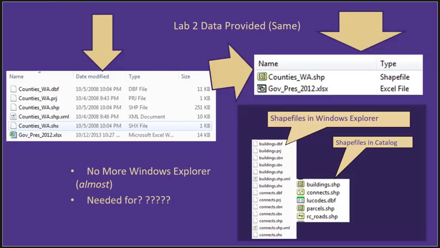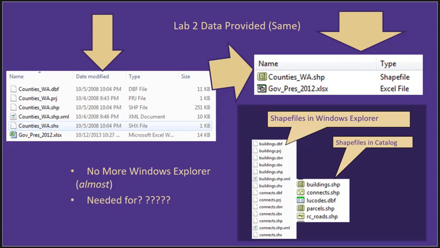A reminder about your lab data. It is highly recommended that due to how Windows displays data that you only use Windows for extracting. Use Esri for your folder creation and data management. In Lab 2, you had a little bit of data in Windows. This is what it showed up and looked like in Windows versus in ARC.